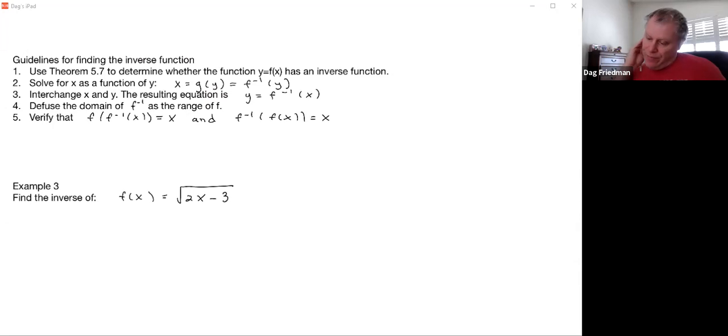There we are. So again, this is something that you've done before. You have found the inverses of a function, and I'm going to highlight the things that are really important.